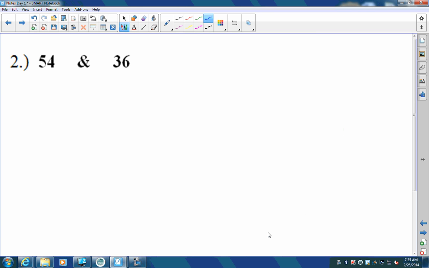So let's look at number 2. Here's number 2. We've got 54 and 36. When I look at these two numbers, I want to find the GCF. What is the greatest common factor? So does 36 go into 54? No, and if you don't know, all you have to do is take 54 divided by 36, and see if there's a whole number.